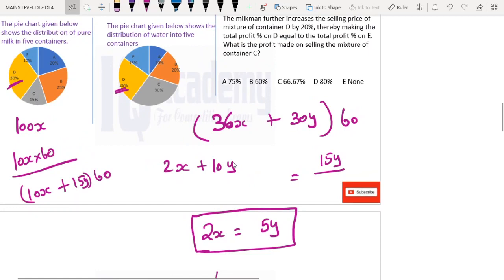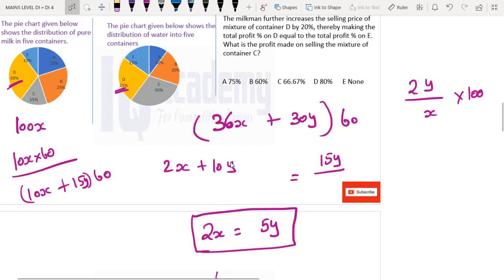So here, when we are selling the mixture in container C, the profit percentage is 30y by 15x into 100, or you can write it as 2y by x into 100.